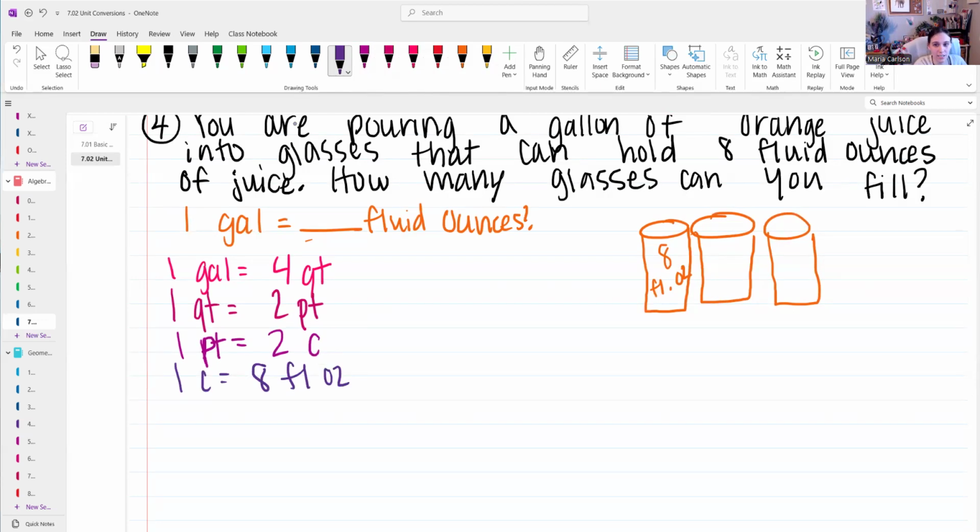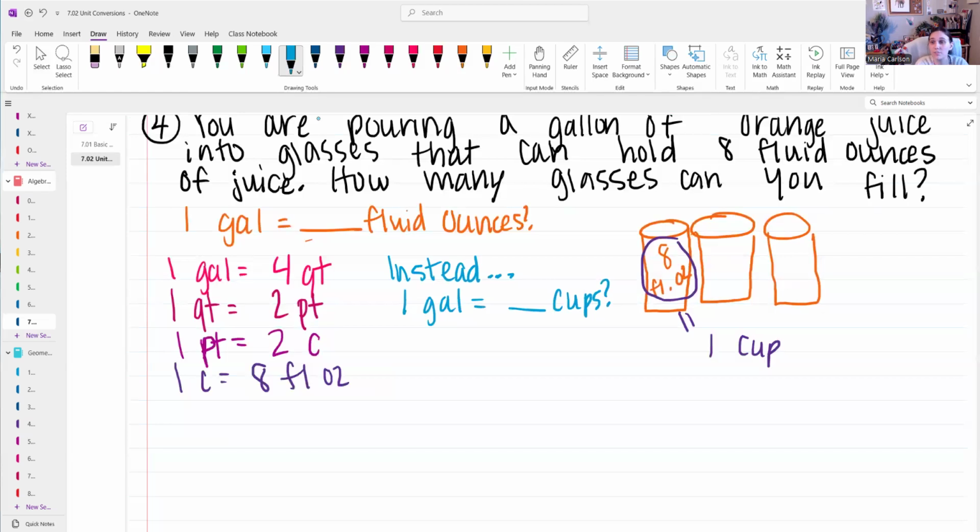So you might notice that these glasses themselves are worth 1 cup. So if I wanted to just figure out how many cups are in a gallon, we could do that too. So instead, 1 gallon equals how many cups?